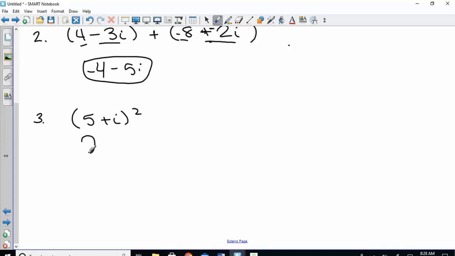So you go 25 plus 10i plus i squared. Is everybody with me? So we did 5 plus i times 5 plus i and foiled that. i squared is -1, so 25 plus -1 is 24, plus 10i.